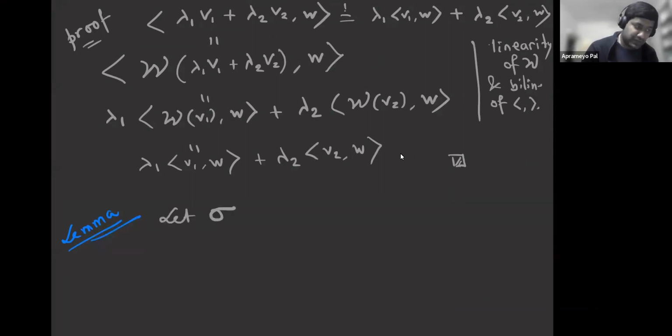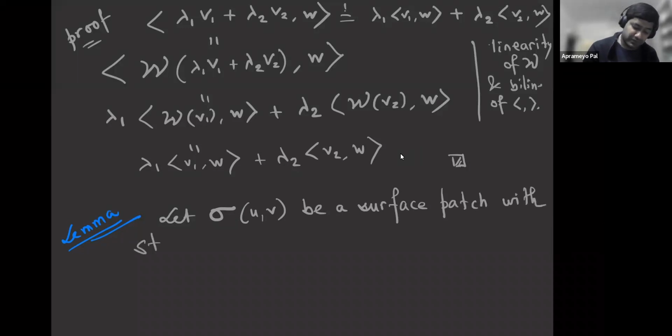So let sigma(u,v) be a surface patch with standard normal N in (u,v).